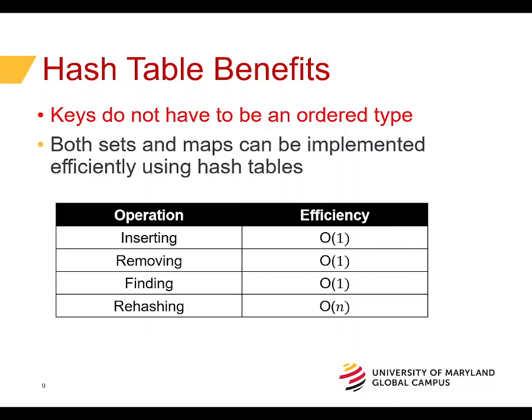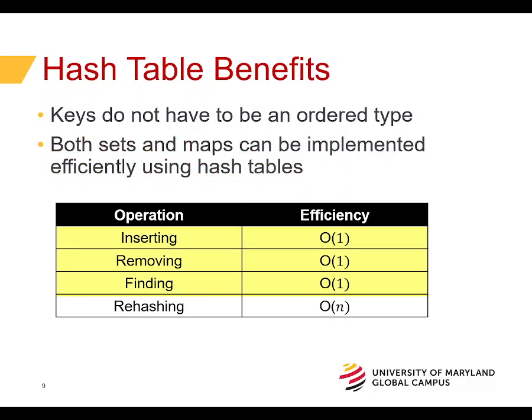No key comparisons are required, so keys do not have to be an ordered type. As long as a hash value can be computed, that is all that is required, and hash values can be computed for any type. Both sets and maps can be efficiently implemented using hash tables.